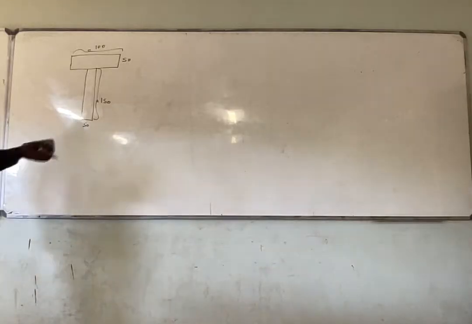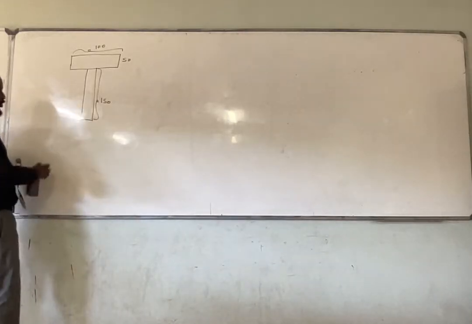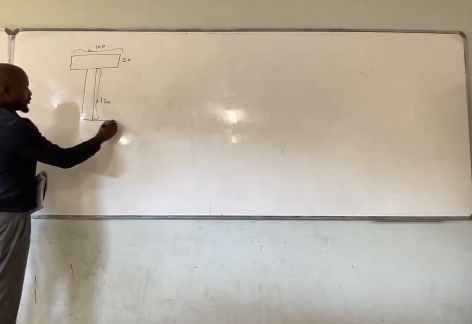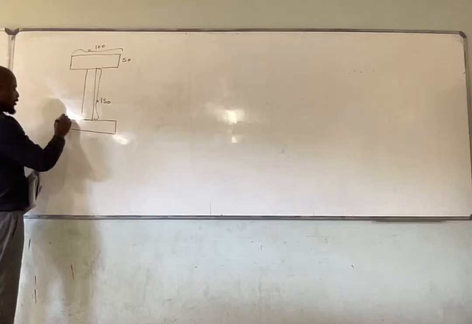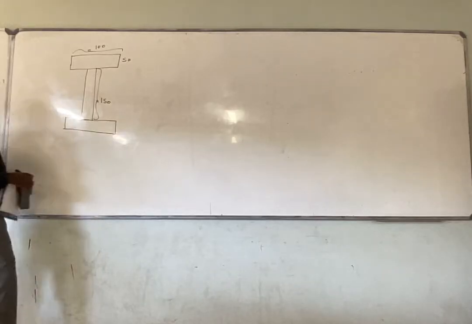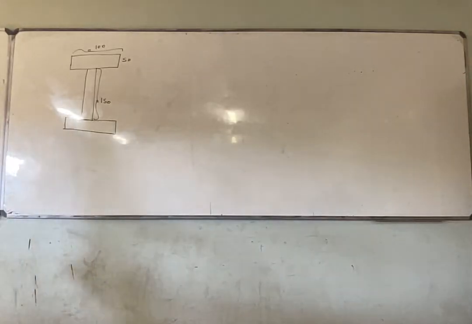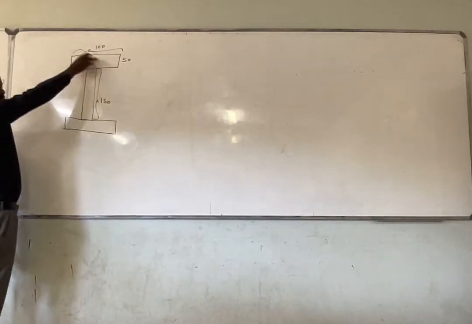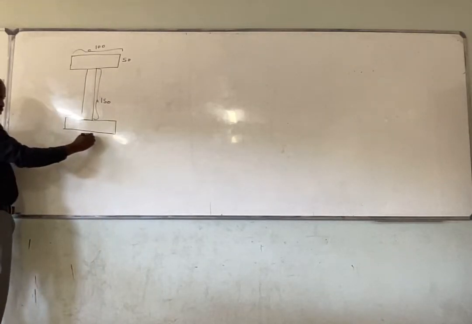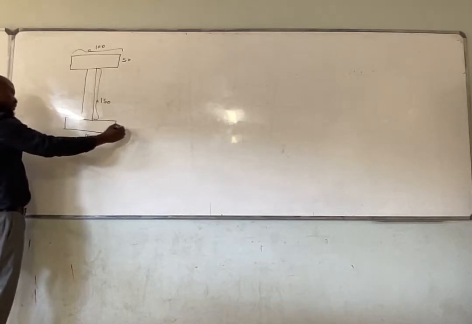And let me include the other flange at the bottom. I have added another flange at the bottom. So this flange is the same as that flange. Therefore, here is also 100, there is 50.